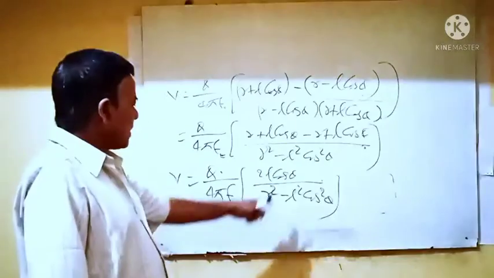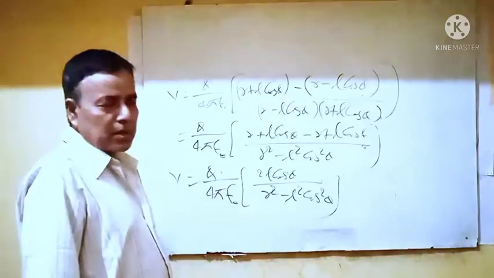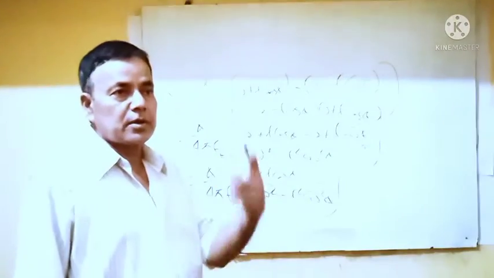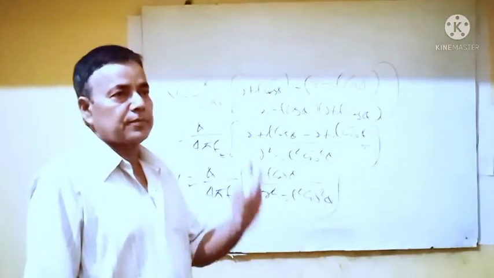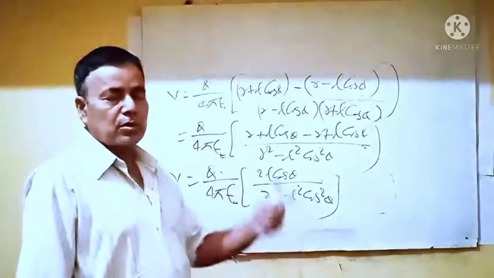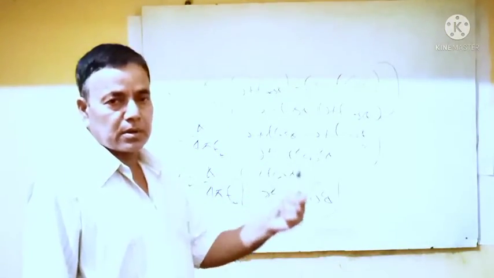L is small, so L square is smaller. Maximum value of cos theta is equal to 1, so L square cos square theta is very much less than r square and may be neglected.